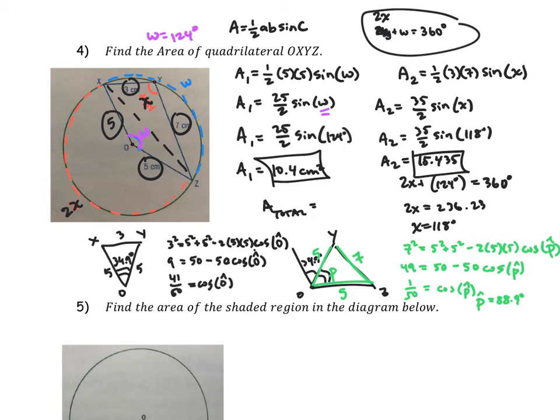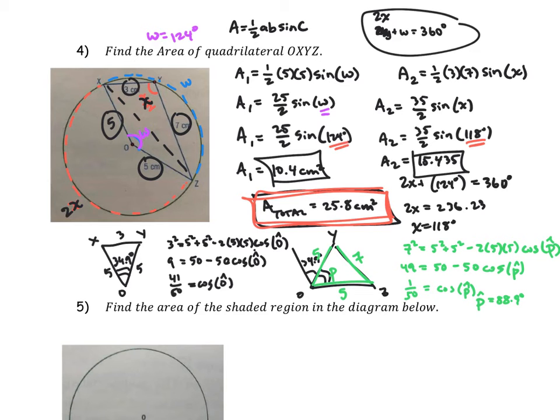I add them, and I get, to 3 sig figs, 25.8 centimeters squared. Okay, so I've kind of loaded this a little bit, but I'm storing a bunch of numbers, right? I'm estimating with 124, I'm estimating with 118, but I'm using the calculated stored value for that.